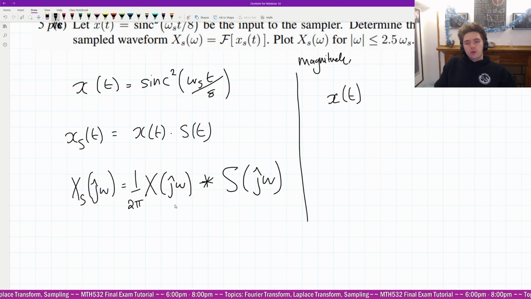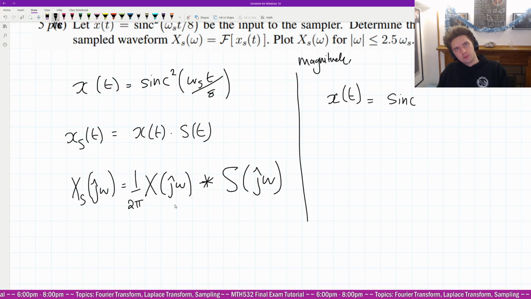So now we want to find the Fourier transform of x of t. x of t we already saw is, well, I'm just going to rewrite it. It's going to be sinc squared of omega s t over 8. That's it.